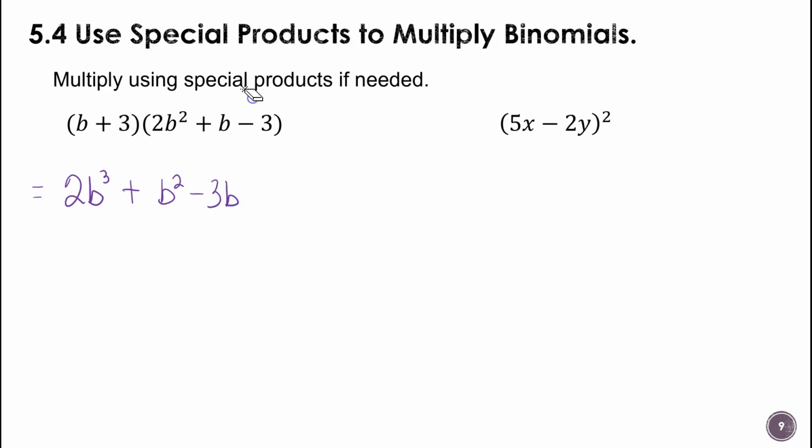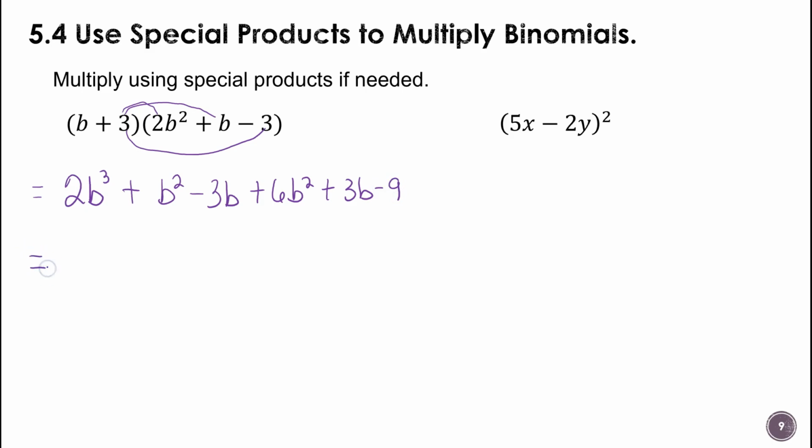Okay, now we're going to distribute the 3. So 3 times 2b to the second, 6b squared. And then we're going to take 3 times b plus 3b. And 3 times negative 3 is negative 9.